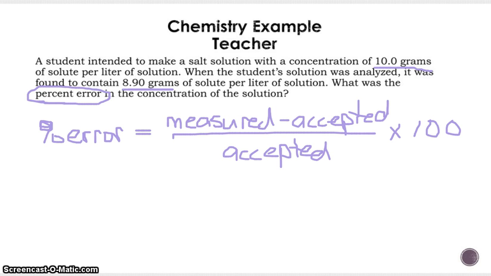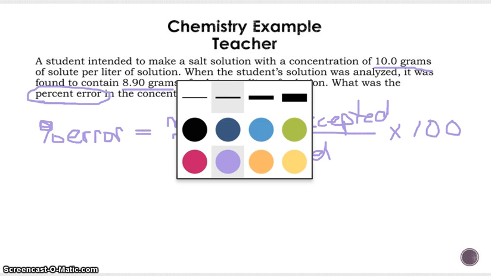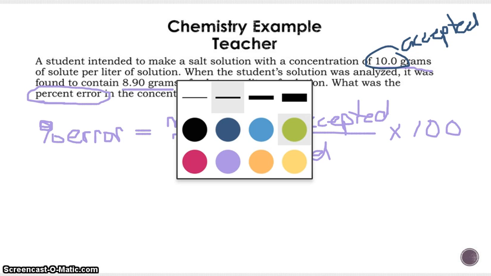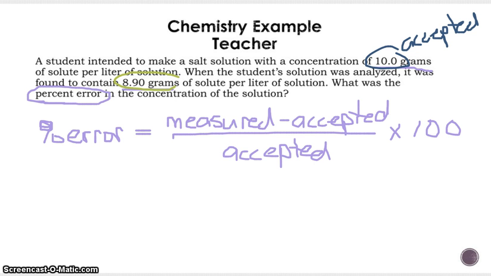So if we're going to put this into our equation, the 10 grams is going to be your accepted, and the 8.9 grams is going to be your measured. This is what actually was measured in the lab setting. So those are our two values. We're going to plug those into our equation and figure out our percent error.